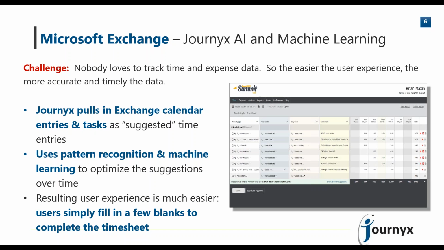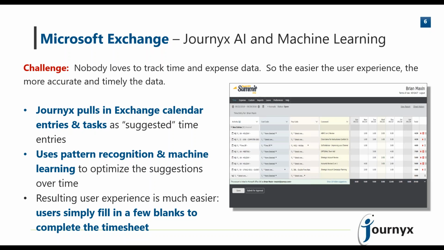Once those calendar events and tasks are pulled in as suggested entries, we then are able to use what we call machine learning to use pattern recognition to optimize those suggestions over time. So what that means is, if I had certain items on my calendar or my task list that are pretty repetitive, when they first come in the first time, I need to associate that to the appropriate projects that I'm working on.